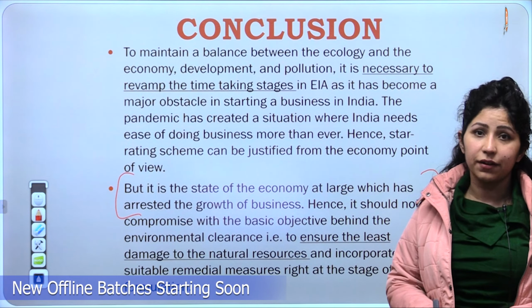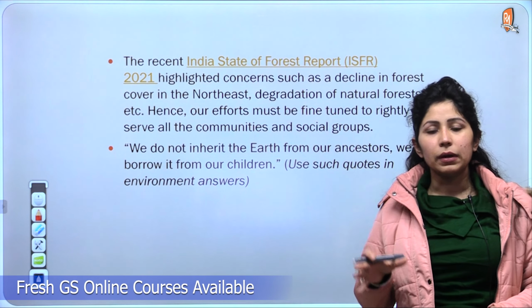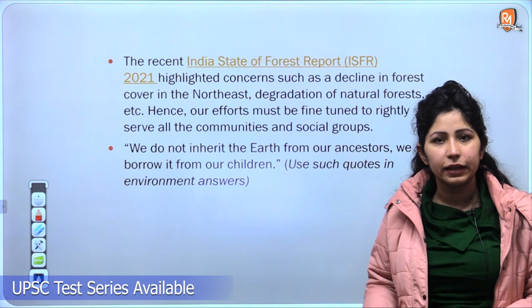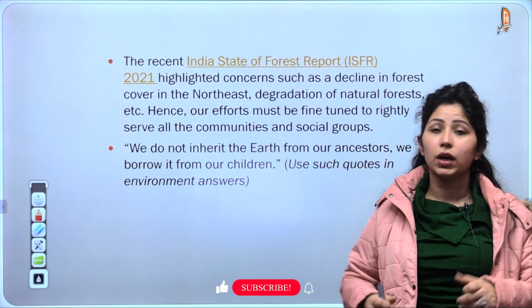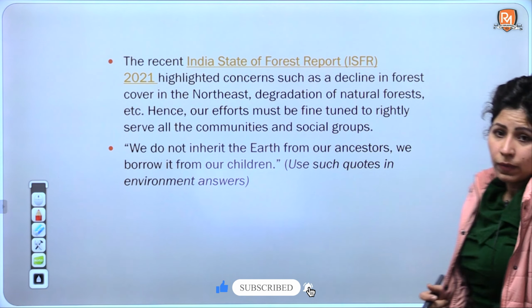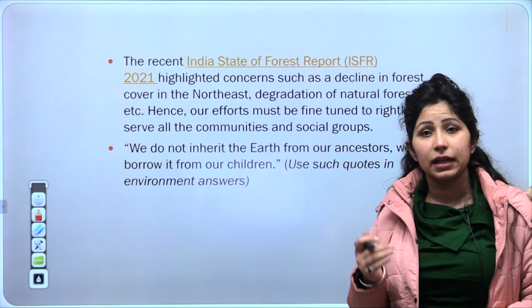I talked about in the introductory video also that some reports are very important, and India's State of Forest Report is one of the most important ones. You will see many questions in prelims directly from this report and in mains also. According to this report, the natural forest that we had in India, the mangroves especially, the area under natural forest is coming down.